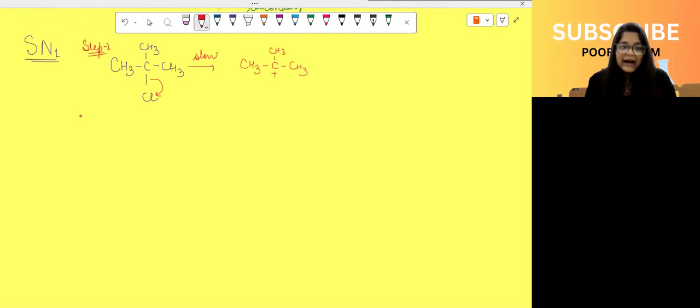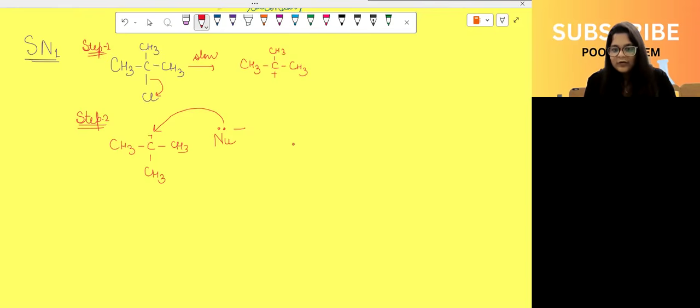Right? Now in step 2, this particular carbocation is attacked by a nucleophile, and the nucleophile is going to go and make a bond.